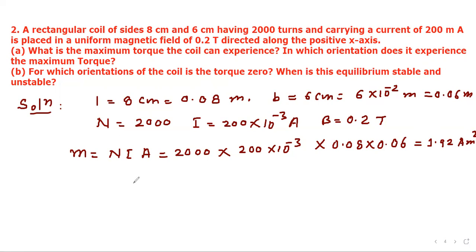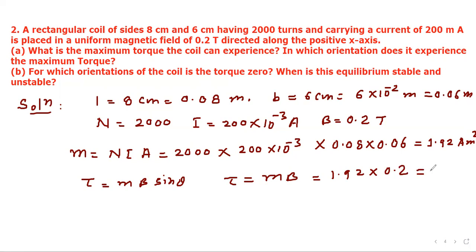This is the value of magnetic moment. Now we can find torque. So maximum torque, tau equal to MB sine theta, will be maximum when theta equal to 90 degree, that is tau equal to MB. We put the values. M we have got 1.92, into magnetic field 0.2. So this will be equal to 0.384 Newton meter.